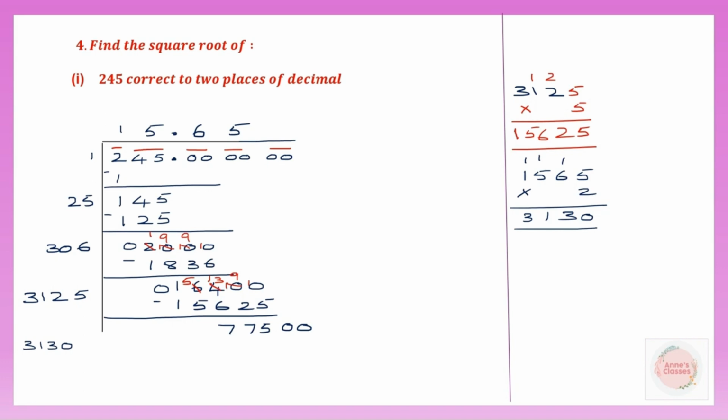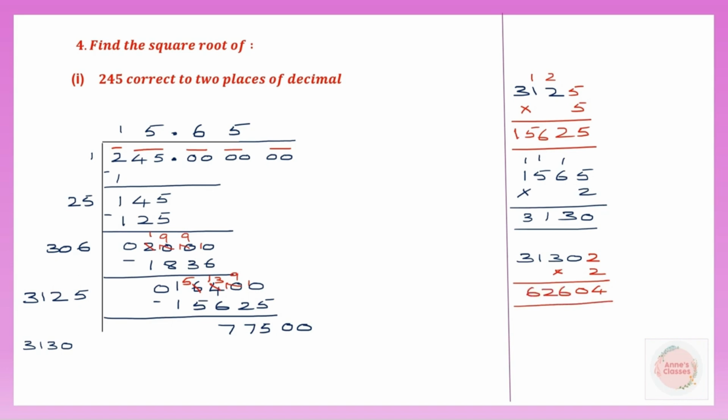So let's write that here, 3130. Now next to this we have to get a digit and multiply so that we get a number close to this. So let's write down 3130, and next to this what shall we write? Let's try with 2. So let's put 2 here and multiply by 2. 2 twos are 4. Then 2 zeros are 0, 2 threes are 6, 2 ones are 2, 2 threes are 6.